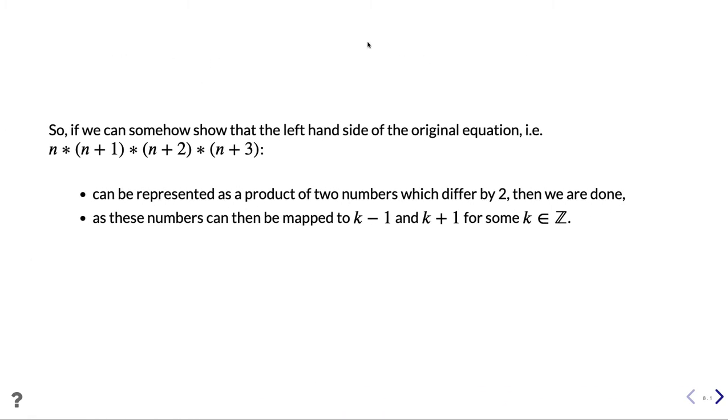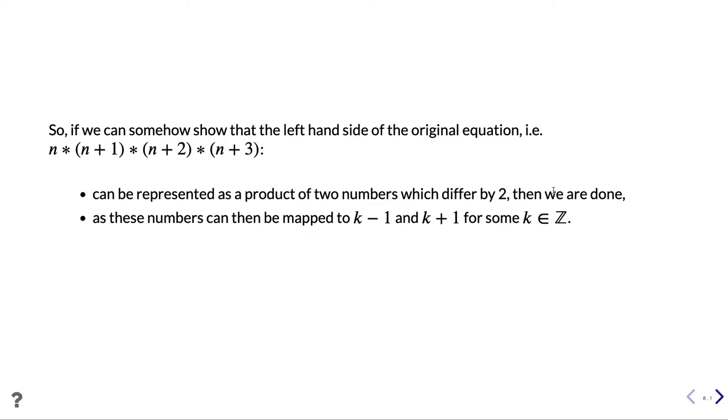Now if we can somehow show that the left hand side is also a product of two numbers which differ by 2, then the proof is done. The key idea we are going to explore is how we can represent this product of four numbers as a product of two numbers which differ by 2.